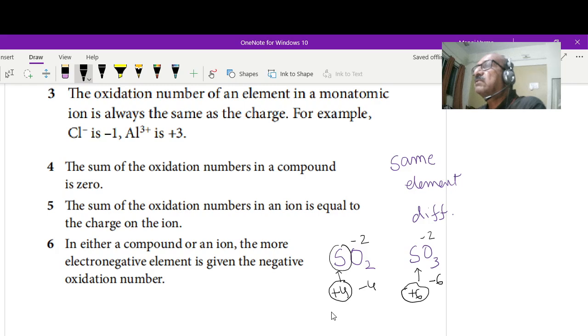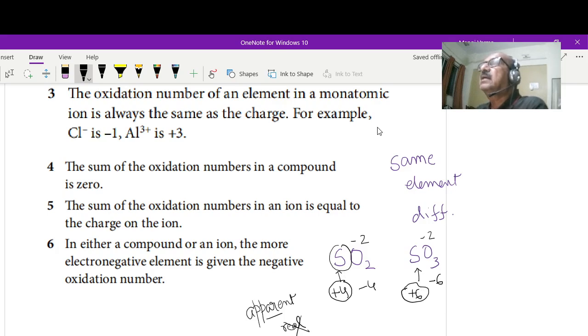So we said that it's the apparent charge, not the real one. It appears to have a +4 charge. So the apparent charge which an element has is also known as its oxidation number. Here it appears to have a charge of +6.